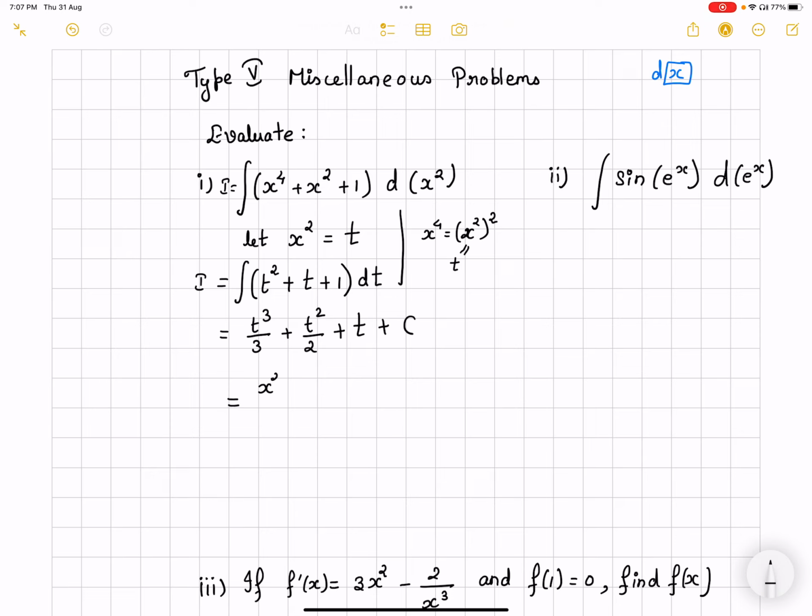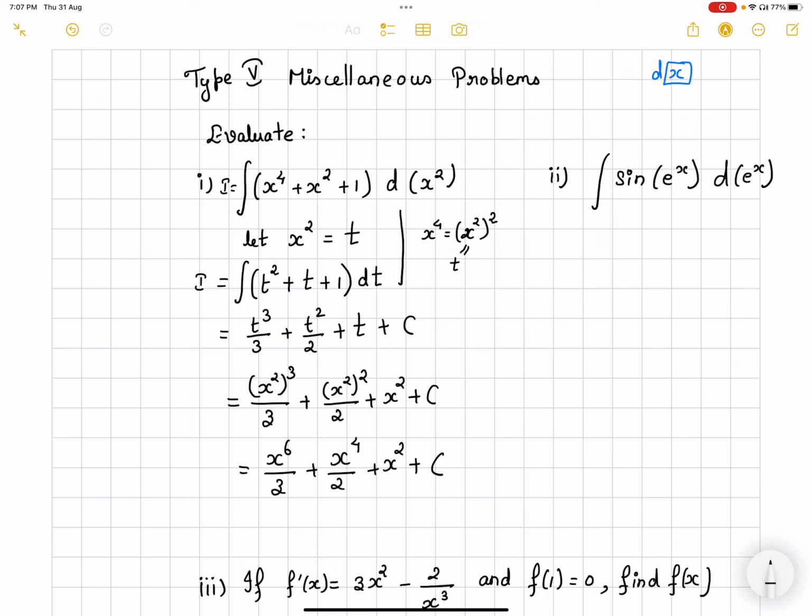T is nothing but x square whole cube by 3 plus x square whole square by 2 plus x square plus c. Now it's going to be equal to x to the power 6 by 3 plus x to the power 4 by 2 plus x square plus c. That's it. It got over.